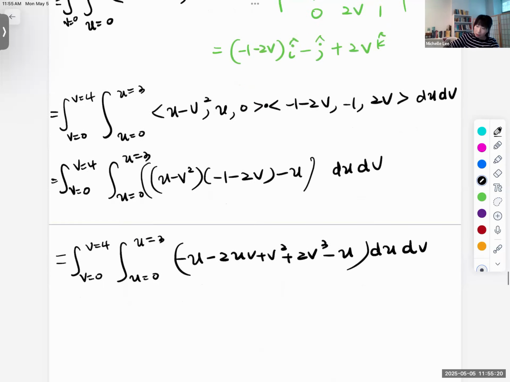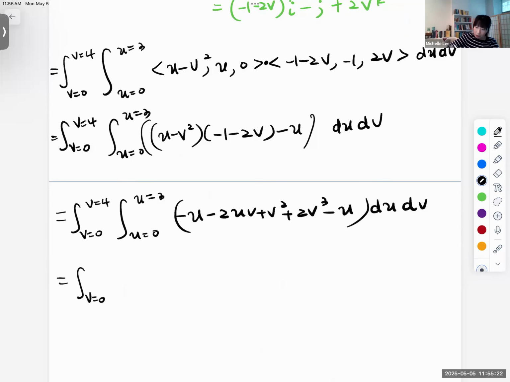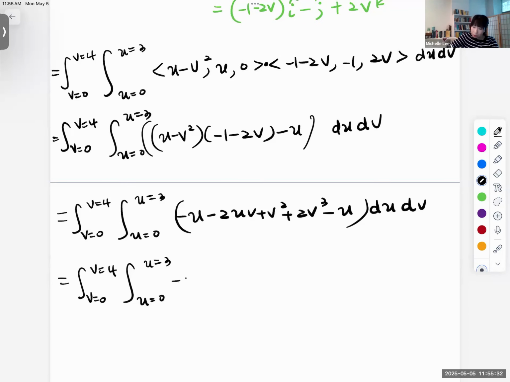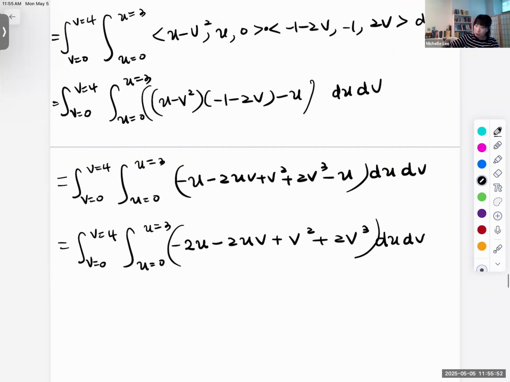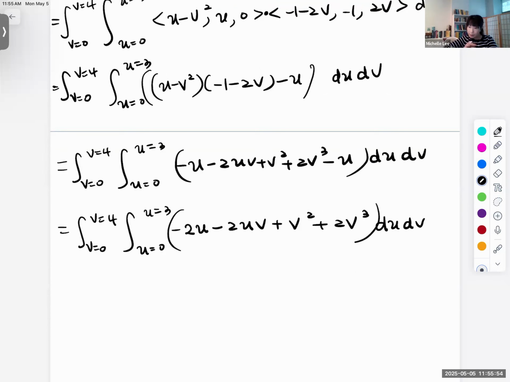Now combining like terms, we have negative 2u minus 2uv plus v squared plus 2v to the third power, du dv. That's it, right?